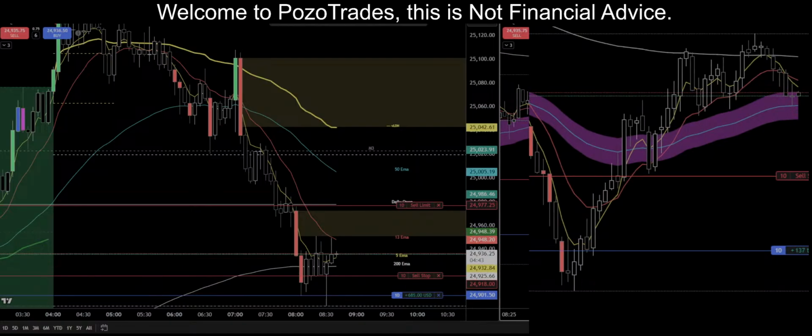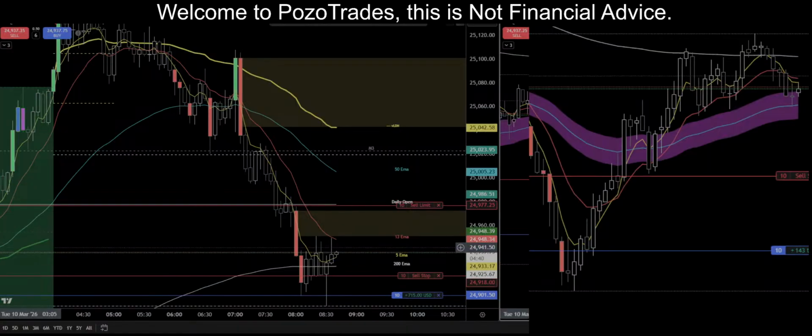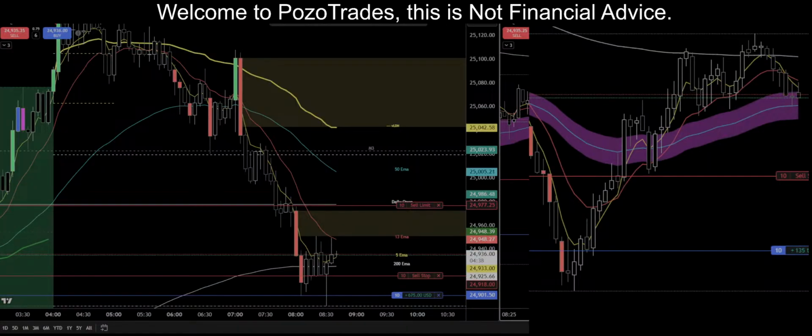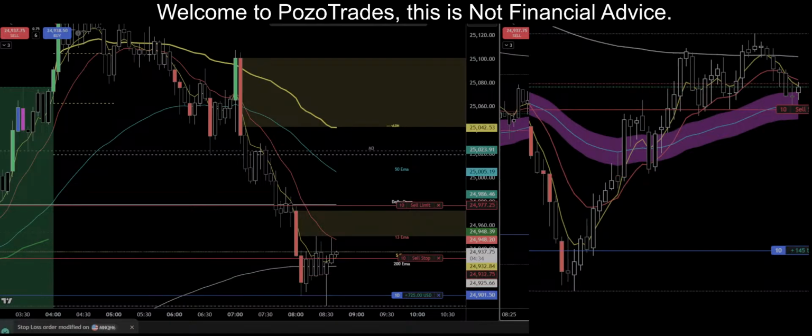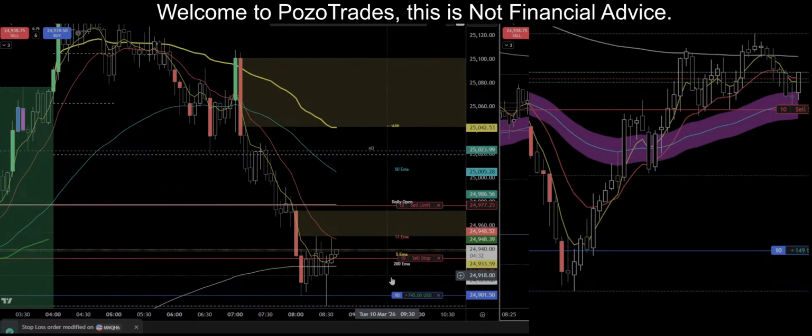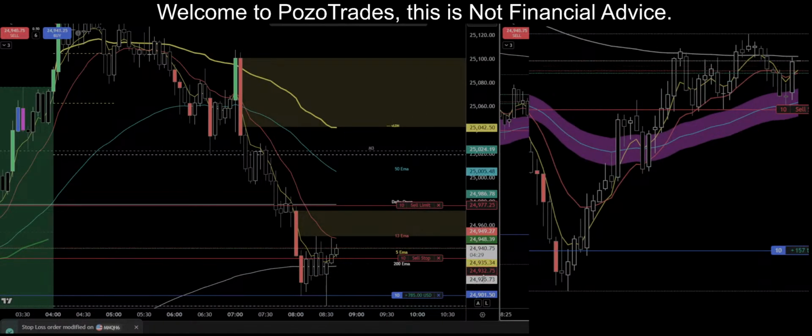It's a little bit more of a retrace than what I want to give it. There, I'm going to move my stop. I'm really not interested in holding this position if it comes down again.